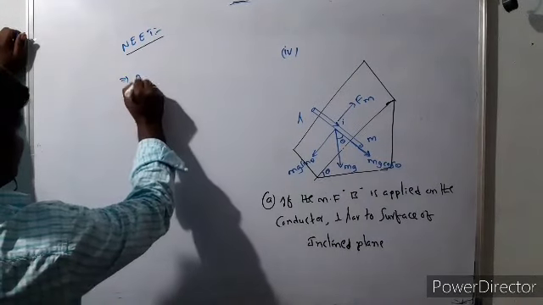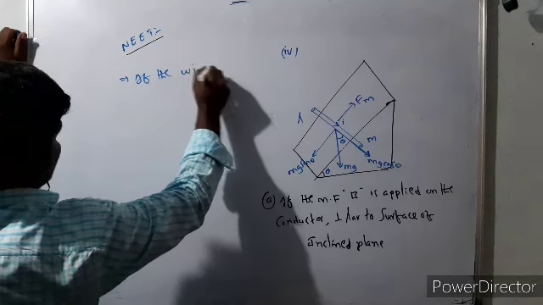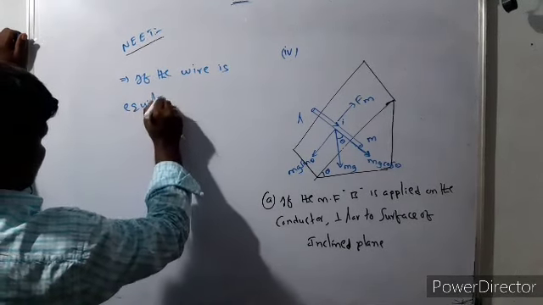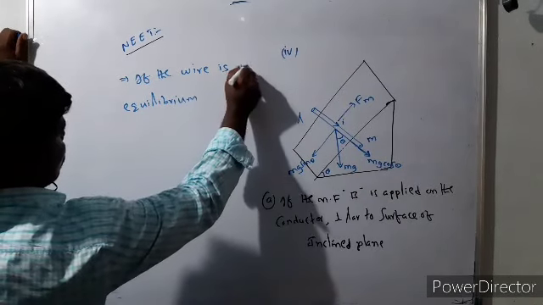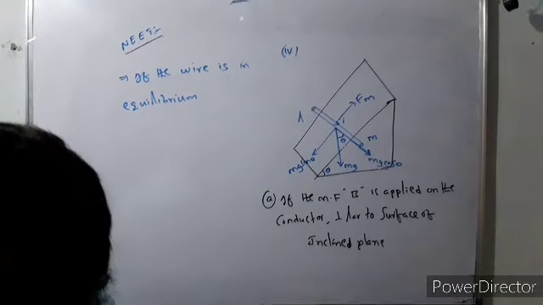Now, if the wire or conductor is in equilibrium, it means it is in equilibrium along the surface.